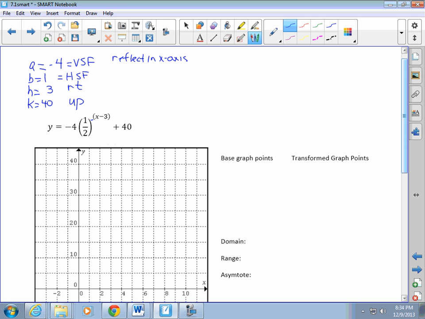So your base graph then, remember when it's a 1/2, that's the same as saying 2 to the power of -1.